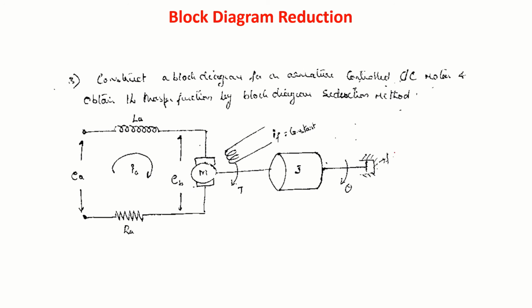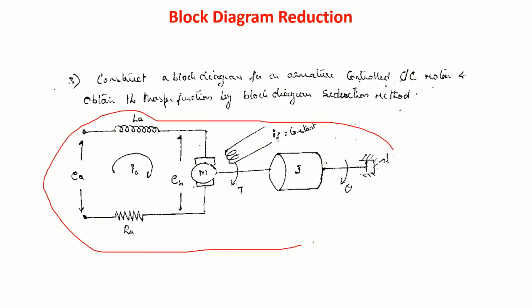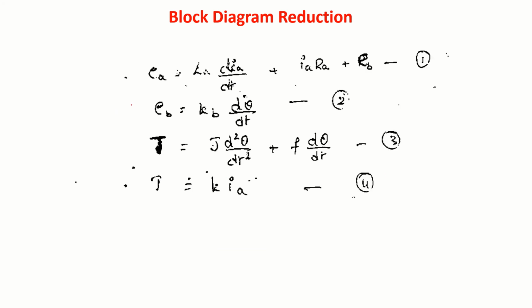Same way you take this armature control DC motor. I have taught you earlier how to write those equations. So Ea is equal to La dia by dt plus Ia Ra plus Eb. Then Eb is equal to Kb d theta by dt. T is equal to J d square theta by dt square plus F d theta by dt. T is equal to K Ia. These equations.